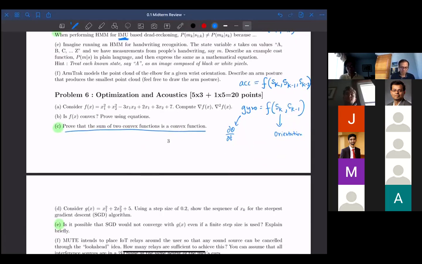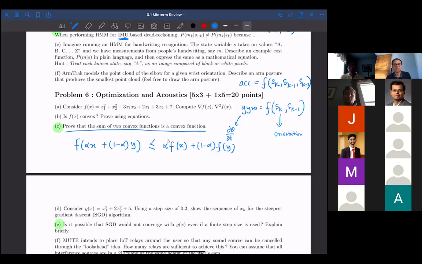Okay, last one. Prove that sum of two convex functions is a convex function. What did we say a convex function was? We said f of alpha x plus 1 minus alpha y should be less than or equal to alpha f of x plus 1 minus alpha f of y.